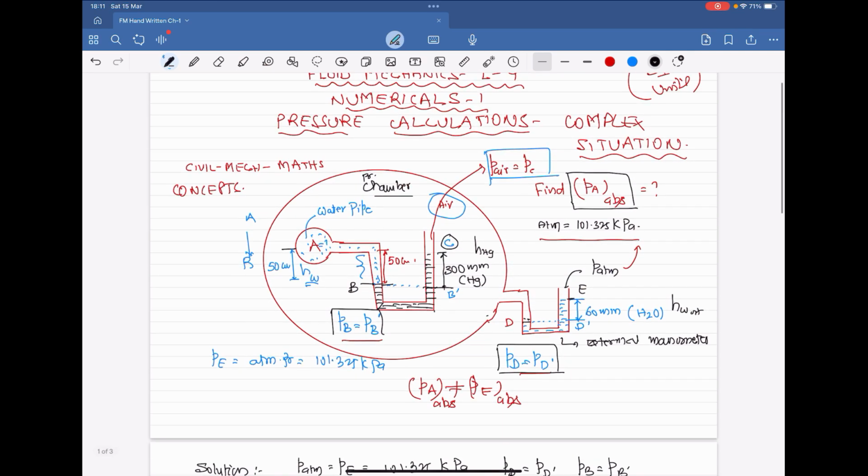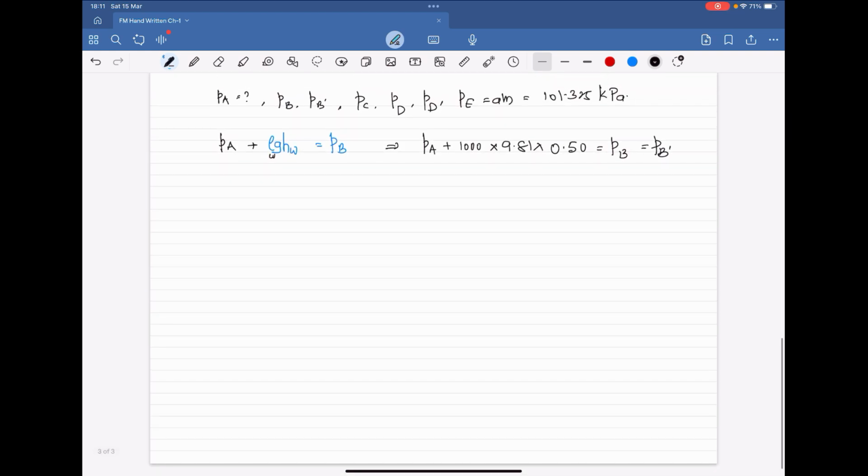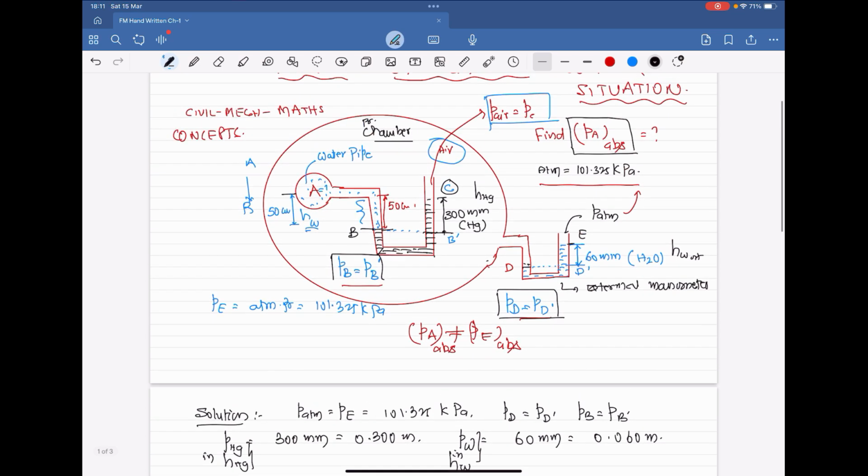Now where do we have to move? We have to move from B dash to C. That means PC is equal to PB minus rho g h mercury. PB dash and PB are the same. We found out PB, that means we found out PB dash. From PB dash we are moving upwards.